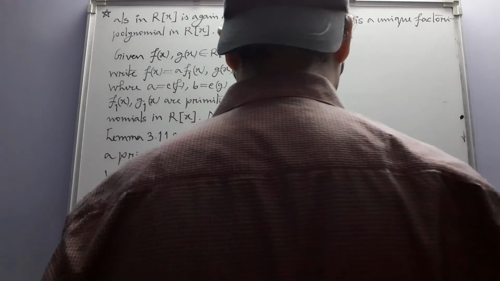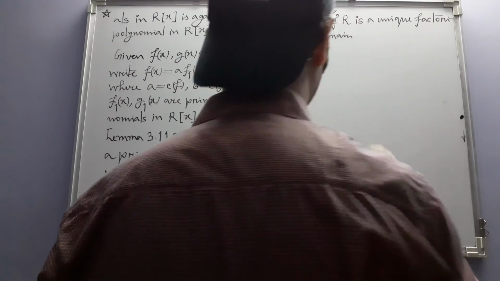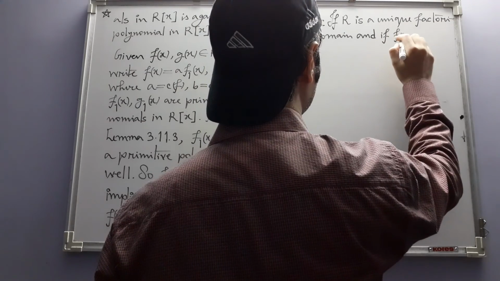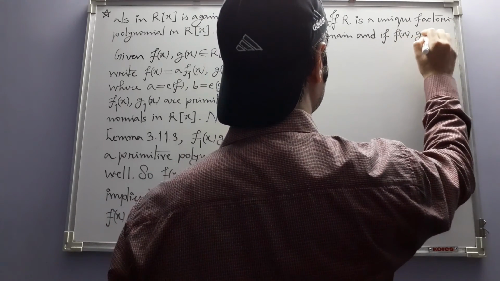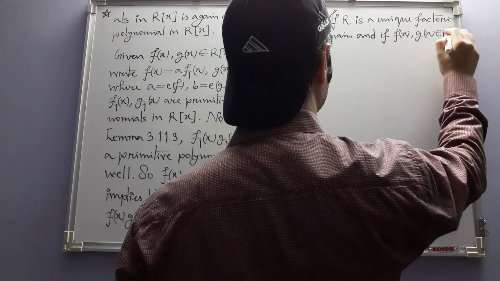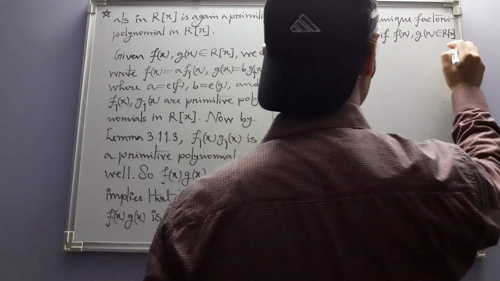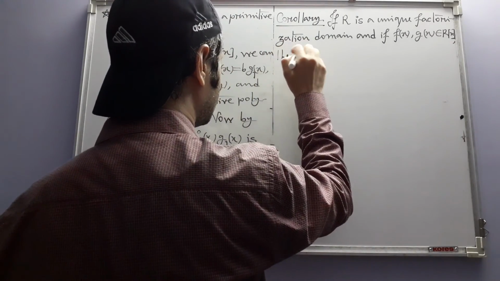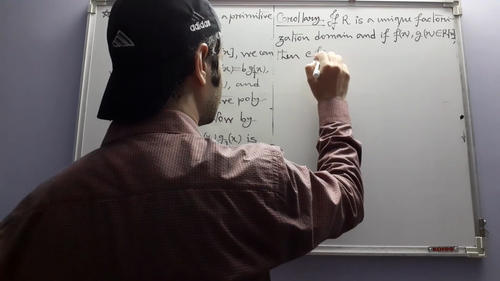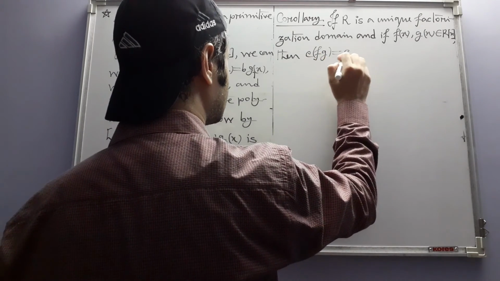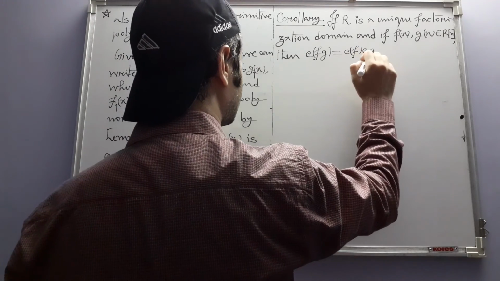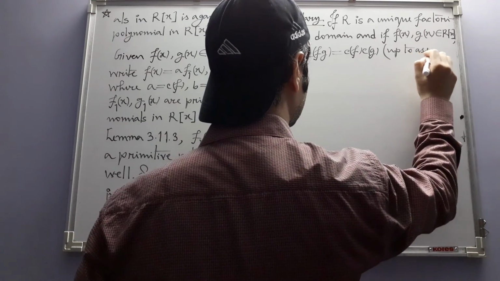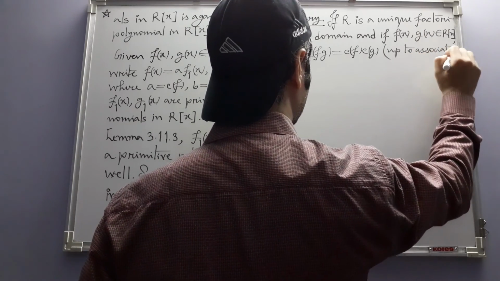If R is a unique factorization domain and if f(x) and g(x) are two elements in the polynomial ring R[x], then content of fg equals content of f times content of g, up to associates.